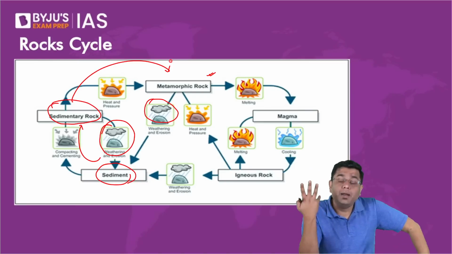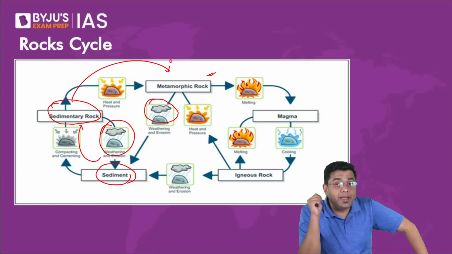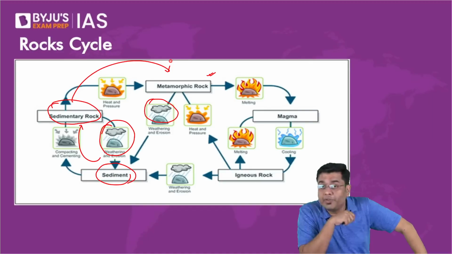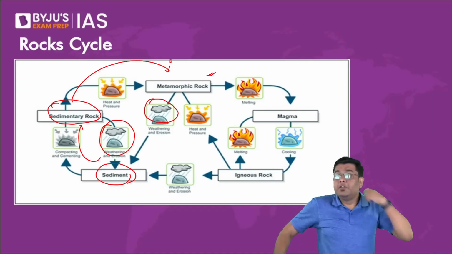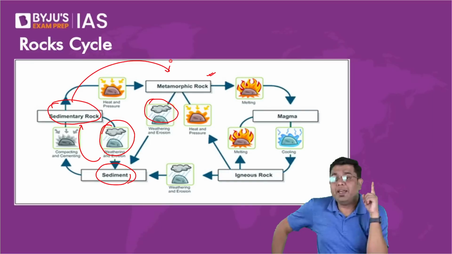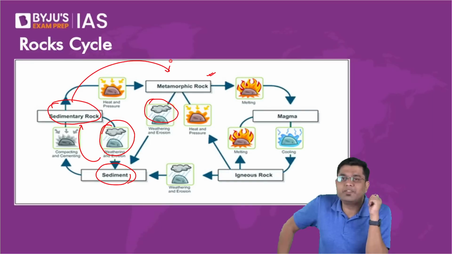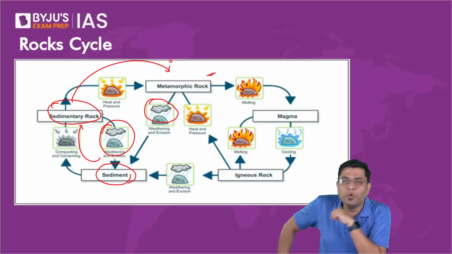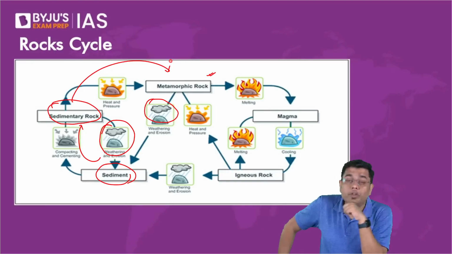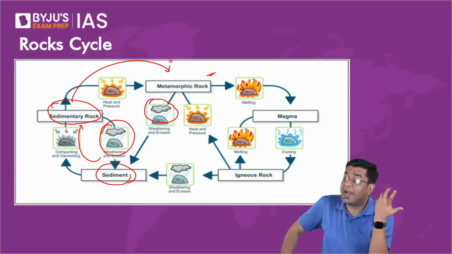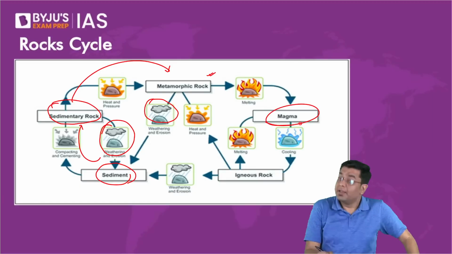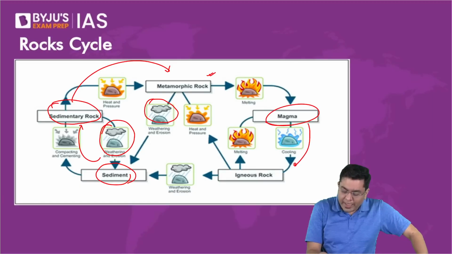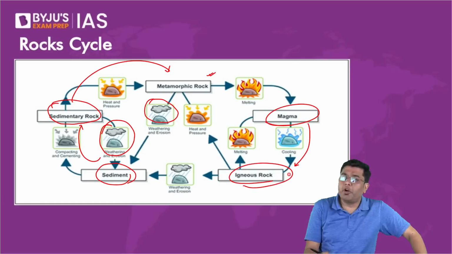So that magma, it can cool down in the interior itself, forming an intrusive igneous rock, or it can come out as lava, right? So molten materials, by the way, when they are present in the interior, they are referred to as magma. And when the same molten materials come and emerge on the surface, they are referred to as lava. So that metamorphic rock can get converted into magma due to melting. That magma cooling will lead to formation of igneous rock.